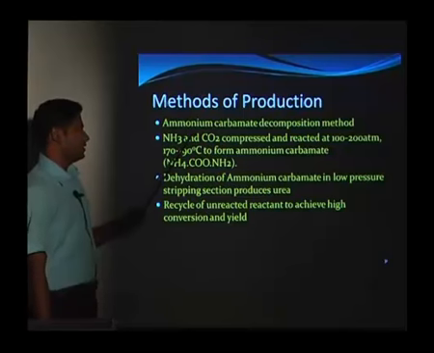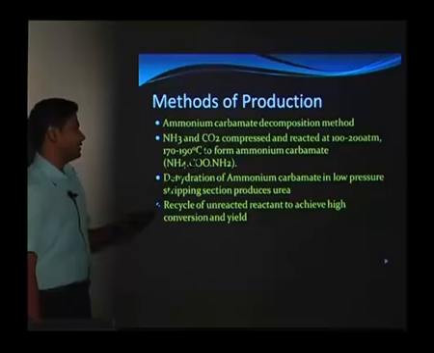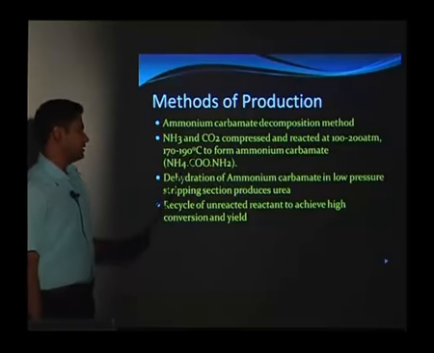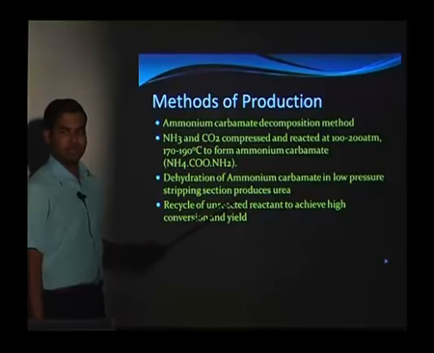So this is the ammonium carbamate decomposition method, where we are reacting NH3 and CO2 at this pressure and 170 to 190 degrees Celsius. Then after forming the ammonium carbamate, we decompose it to evolve water and we get the urea, and whatever unreacted material there is, we recycle again to achieve more conversion and more yield.